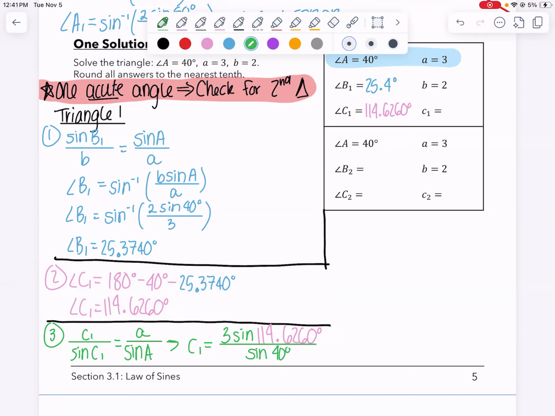If you plug that into your calculator, it should give you 4.2. I don't need more decimals than that because this triangle's done.